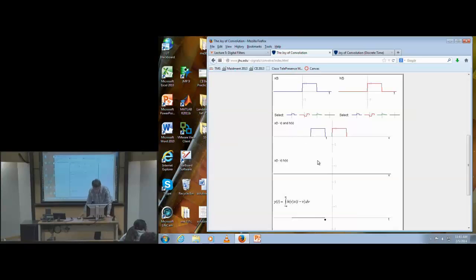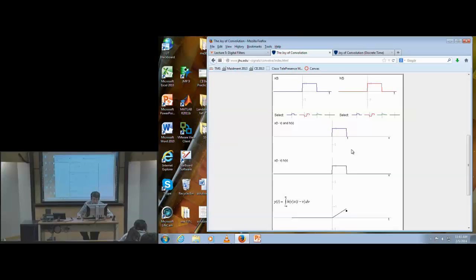Now initially, for quite a while, the product is 0. And eventually I'll get some overlap. So if I do the flip and slide, the product now gives me a rectangular pulse that gets wider with increasing t initially. And so I get complete overlap. That's going to be my maximum value of the convolution.